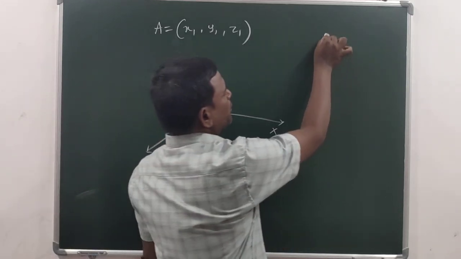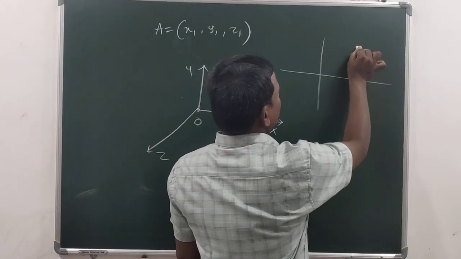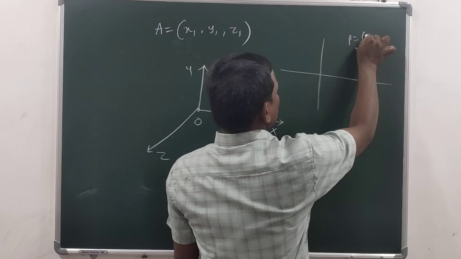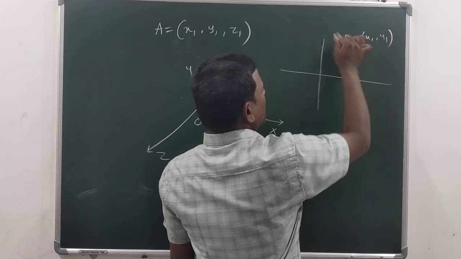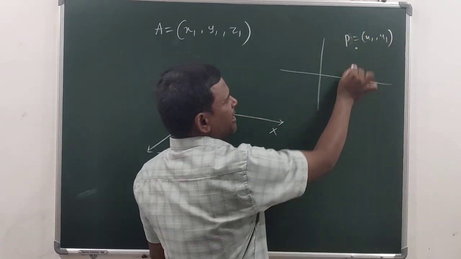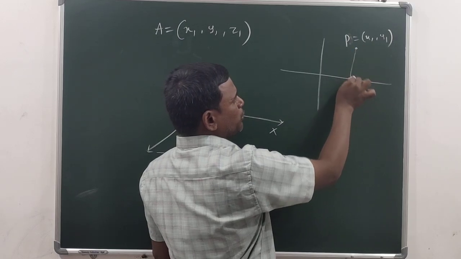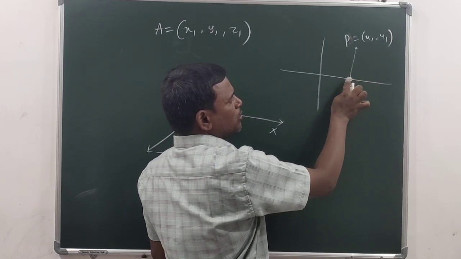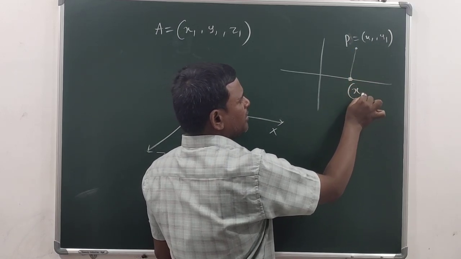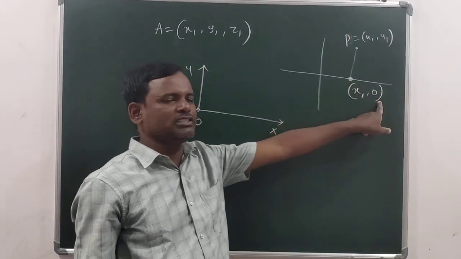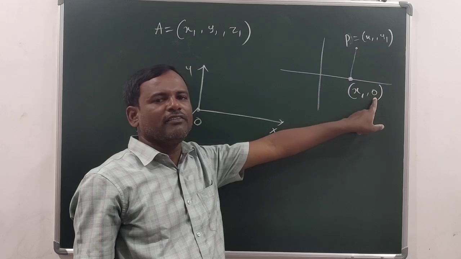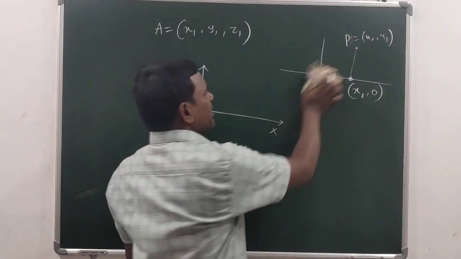Same as in 2D, which you learned. So here a point is given whose coordinates are x1, y1. What is the projection of this point on the x-axis? Its coordinates are (x1, 0, 0), because this point belongs to the x-axis, so the y value is 0.